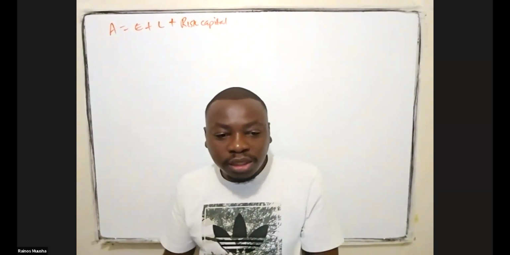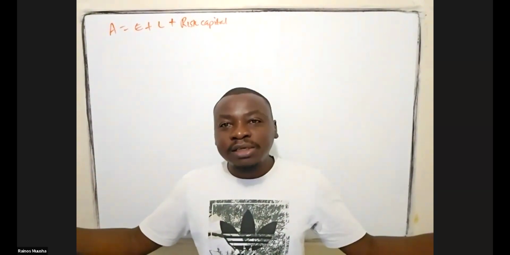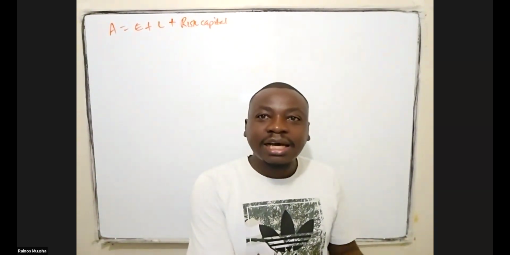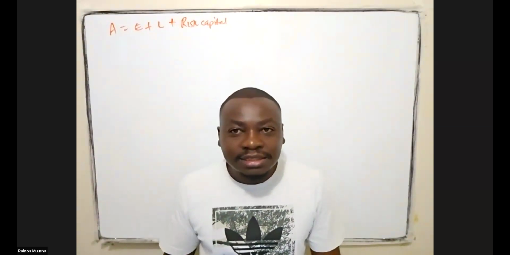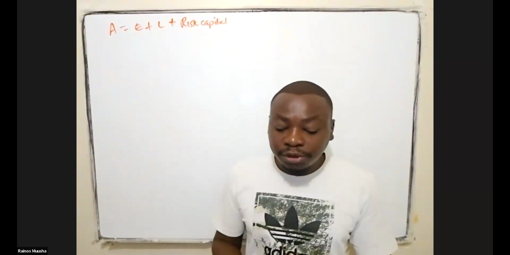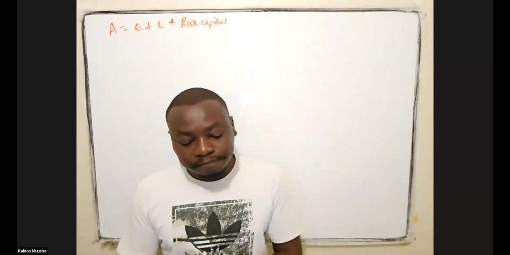So apart from looking at it from a general risk management perspective, how do we streamline and analyze it from a risk financing perspective? That's what we're going to be looking at under topic 1, which introduces us to risk management.